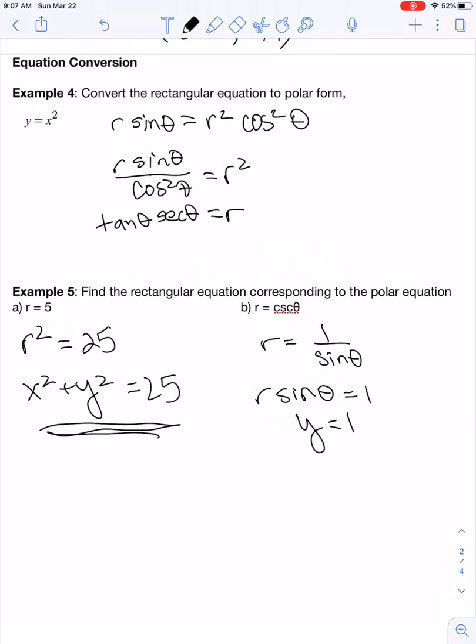All right, so we can square the r if we have a nice number that makes sense. If you have a trig function, see if you can get it to r sine or r cosine, and then it is a nice substitution. All right, well, there is working with polars.